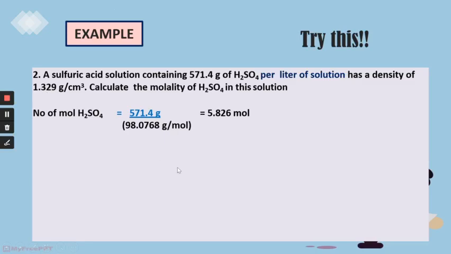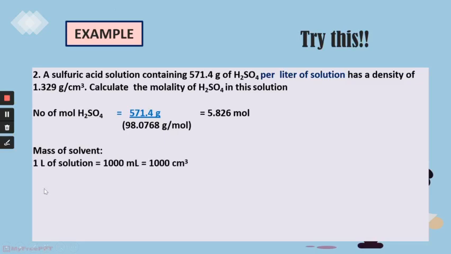In order to calculate the mass of solvent, you must use the mass of solution. Mass of solution minus mass of solute gives mass of solvent. So firstly, you must calculate the mass of solution.